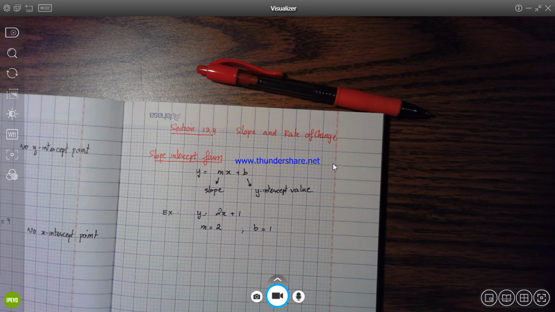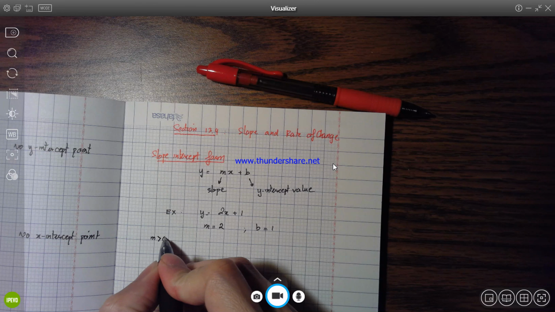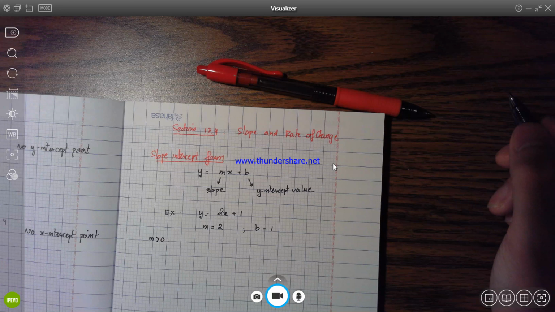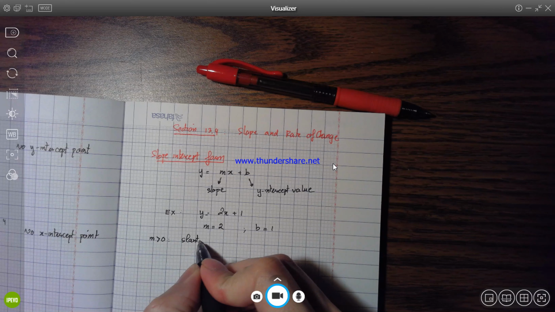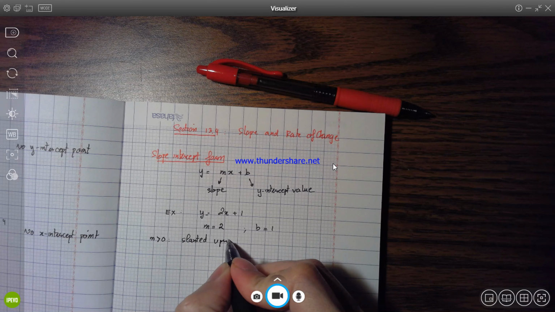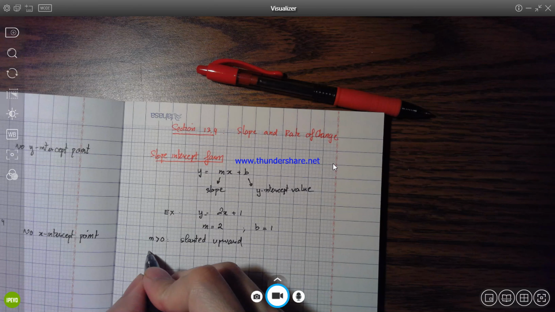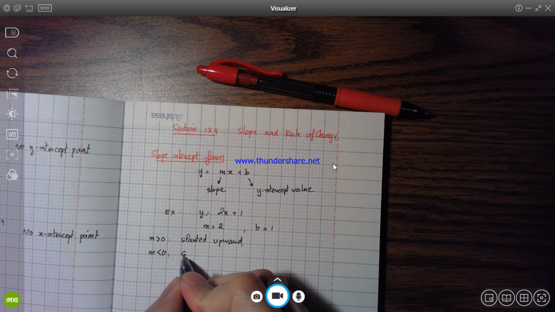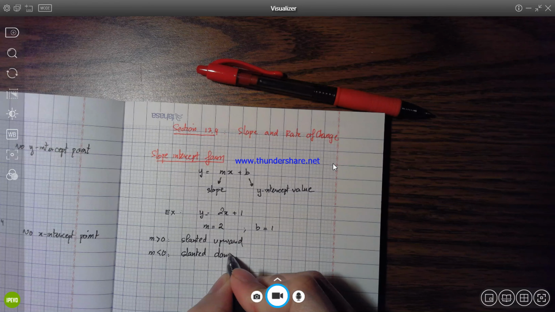If the m value is positive, you know that the line is slanted upward. If m is negative, the line will be slanted downward.